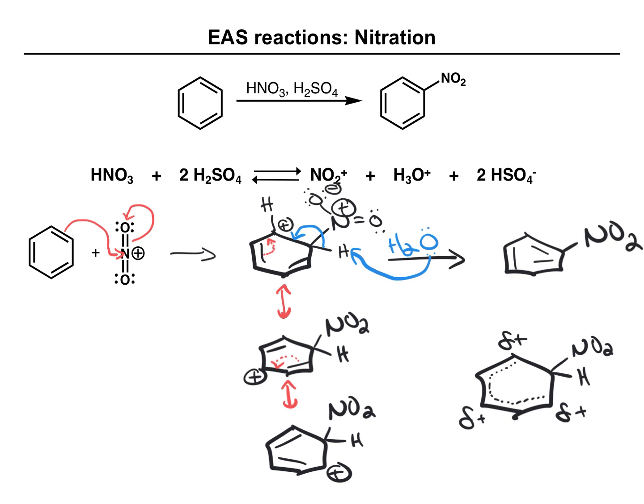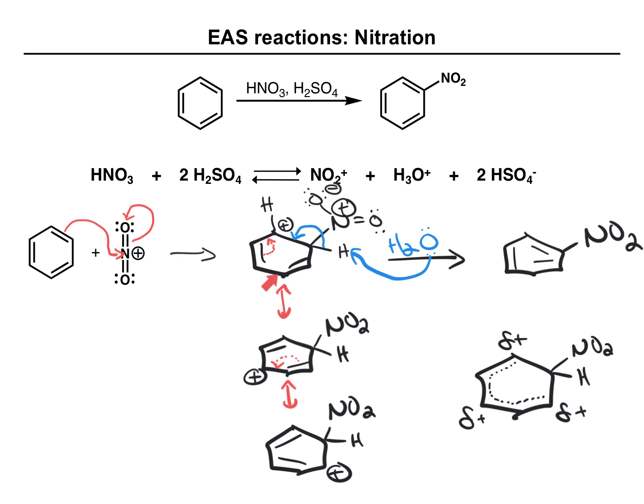As you're just becoming familiar with these reactions, it's really helpful to go through the mechanistic details. Draw where those electrons are moving. Once we have our intermediate, draw those different resonance contributors. After we have an introduction to electrophilic aromatic substitution reactions on benzene, we're going to look at what happens when we have substituted benzene.